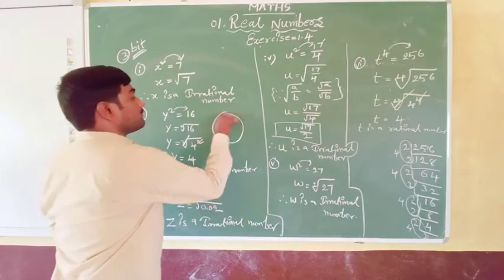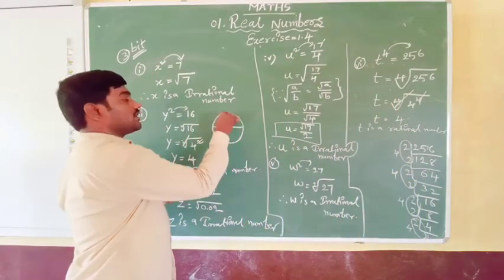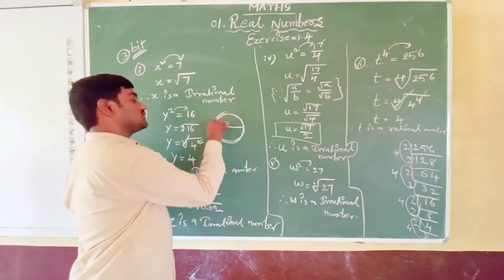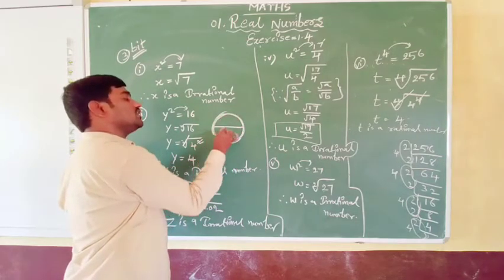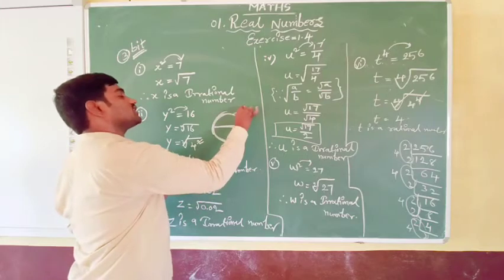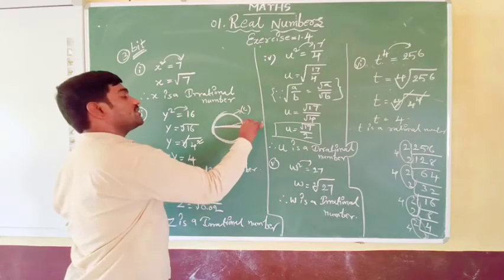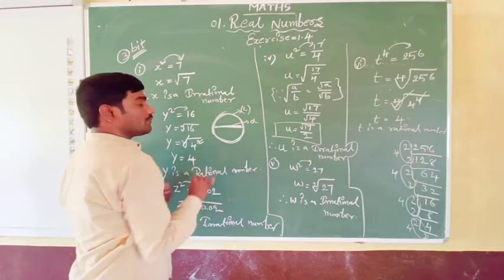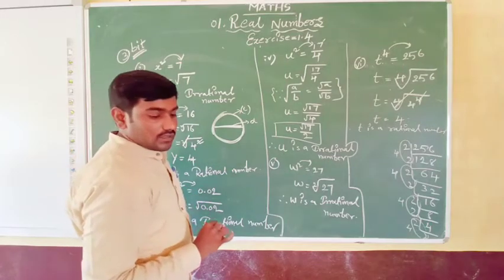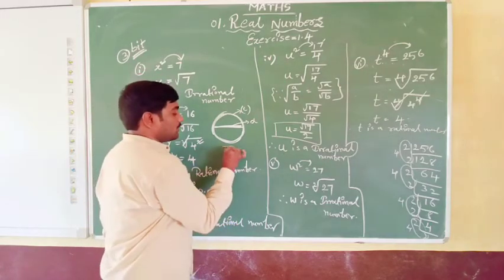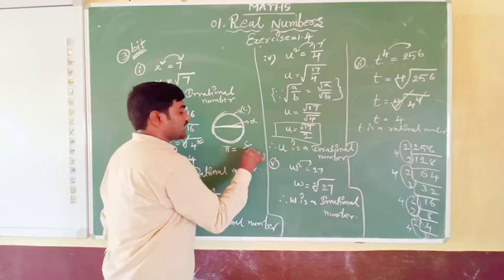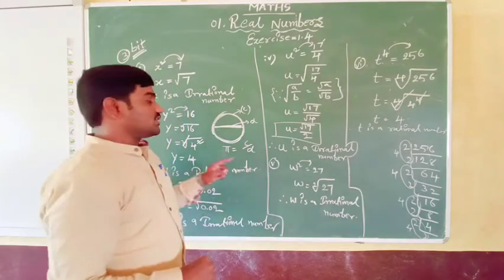If there is a circle, this is called the diameter and this is called the circumference. Circumference of a circle is denoted by C and diameter is denoted by D. So here the ratio pi equals C by D actually.